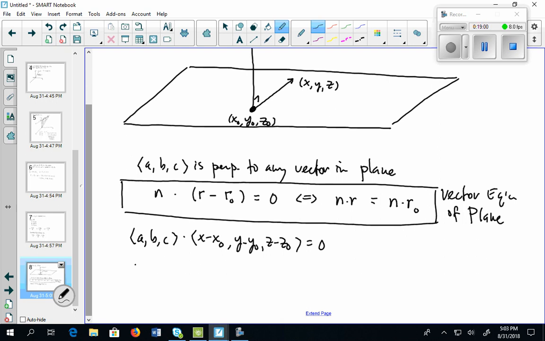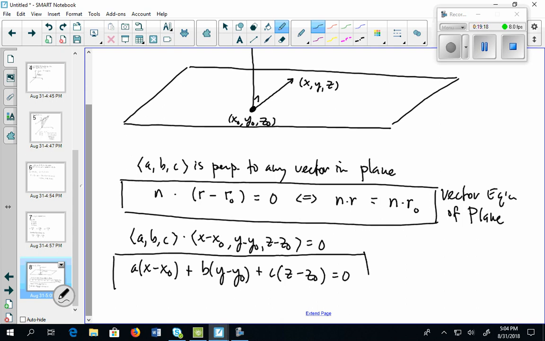So if we dot these together, we're going to get a(x - x₀) + b(y - y₀) + c(z - z₀), and that's still equal to 0. This is what we call the scalar equation of the plane.